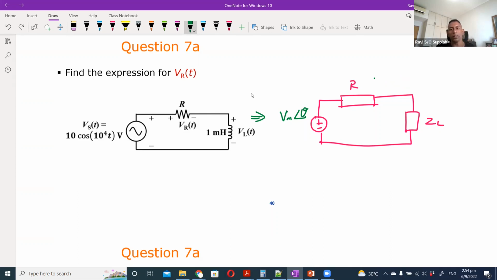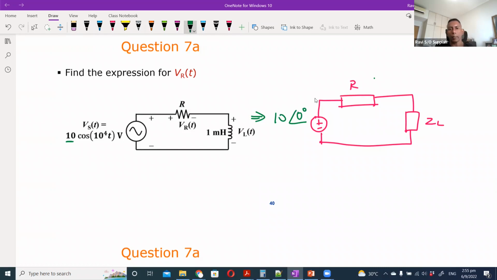We need to make sure that each of the components is expressed in phasor form. For R, there is nothing to do. For the source, we just take note of the magnitude and if there's any phase angle. If there's no phase angle, we can straight away write it as angle 0 degrees. So this will be 10 angle 0 degrees.